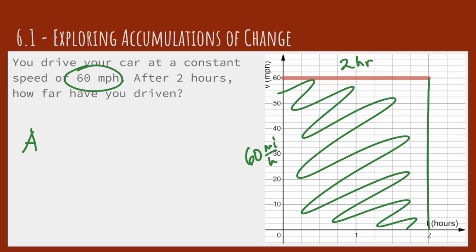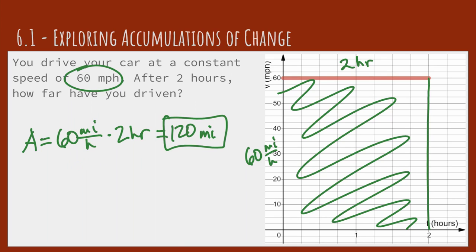And when we find the area of that rectangle, 60 miles per hour times 2 hours, the height times the base, or the width of the rectangle, we get that same answer that we got before, 120 miles, which tells us how far we drove over that 2 hour time interval. This is a pretty straightforward problem because we're driving a constant speed.